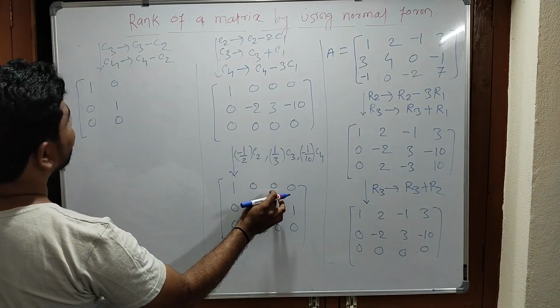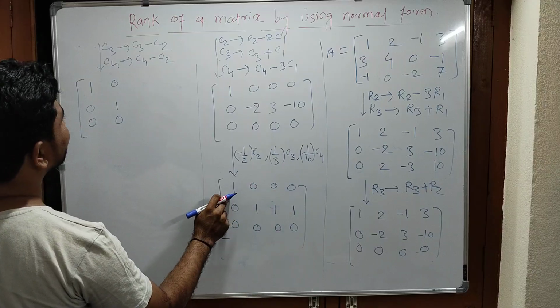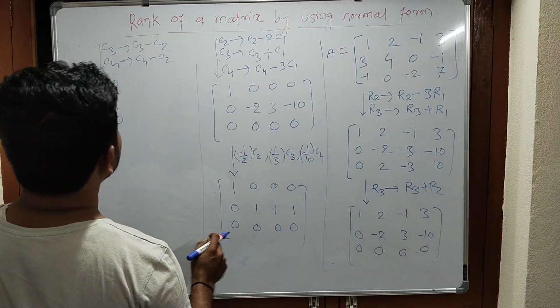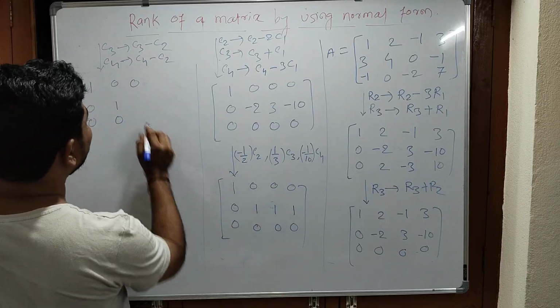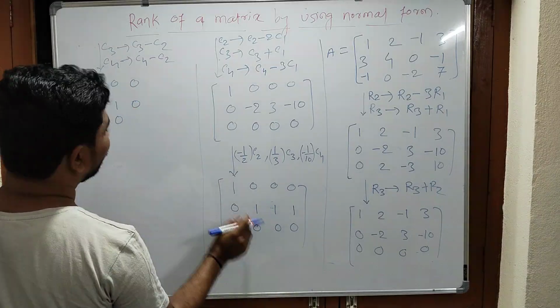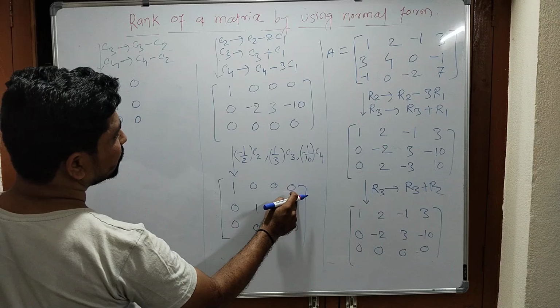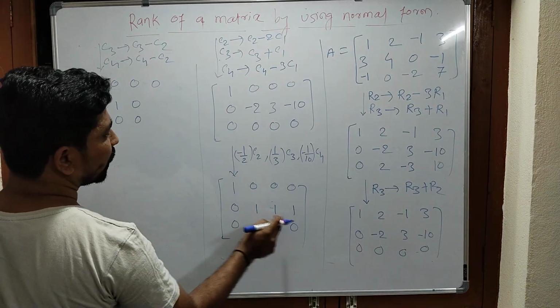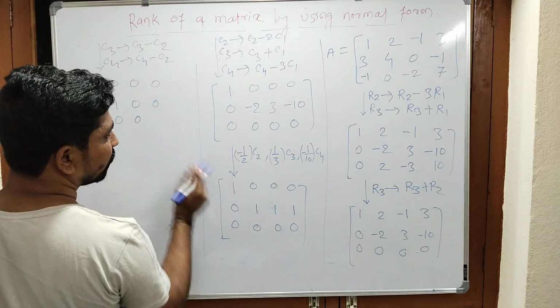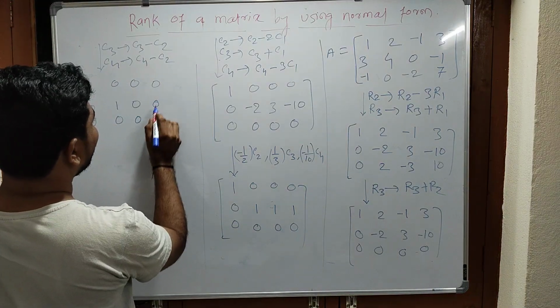C3 minus C2 gives 0 minus 0 is 0, 1 minus 1 is 0, 0 minus 0 is 0. C4 minus C2 gives 0 minus 0 is 0, 1 minus 1 is 0, and 0 minus 0 is 0.